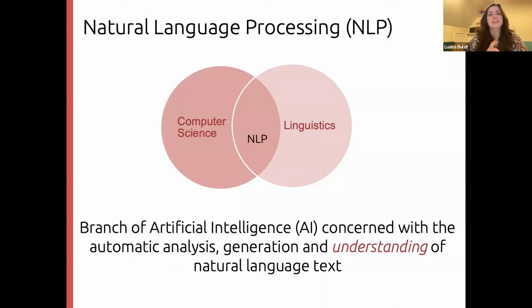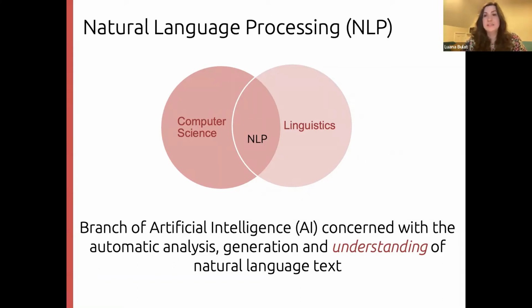Now, it seems that we uncover a difficulty of processing language even from the first slide. Some of you might be familiar with the acronym NLP as Neuro-Linguistic Programming, which is a totally different thing. This is not what we're going to talk about today, but we're going to talk about natural language processing.